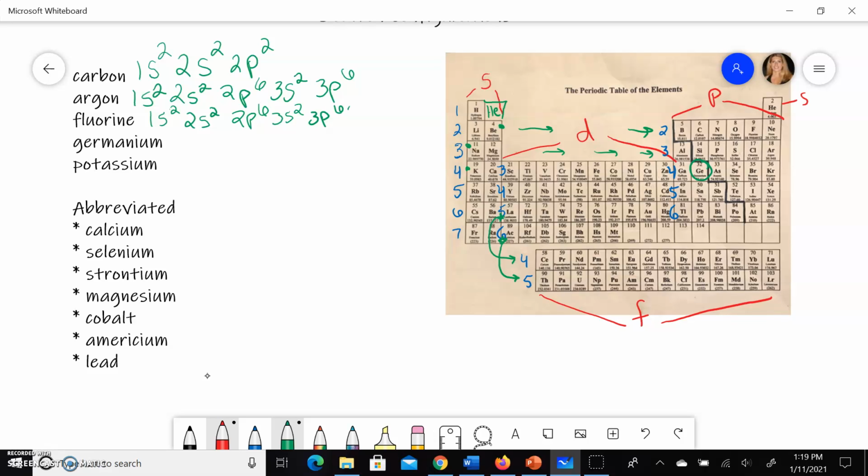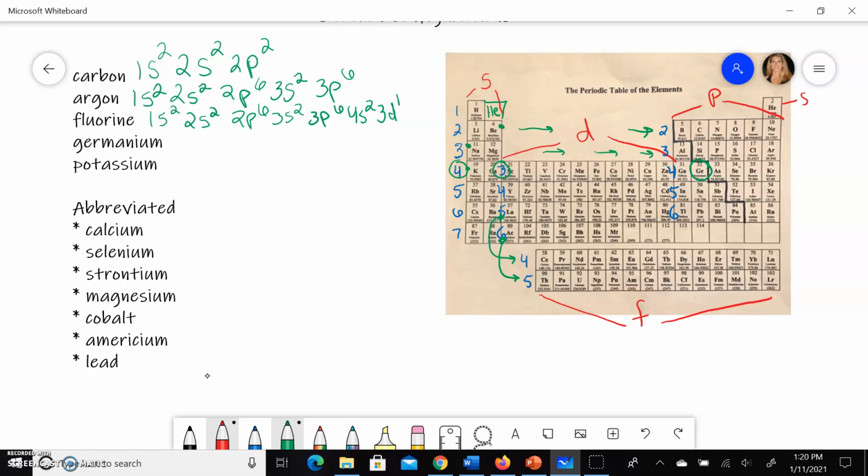Now we're down to 4s2, and now is where it gets complicated. So notice that right here we have 4, and right here we have 3. So the D will always be 1 less than the S that you just wrote. It's tempting to write 4d there because you just wrote 4s, but because the orbitals overlap just a little, it actually goes down to 3d.